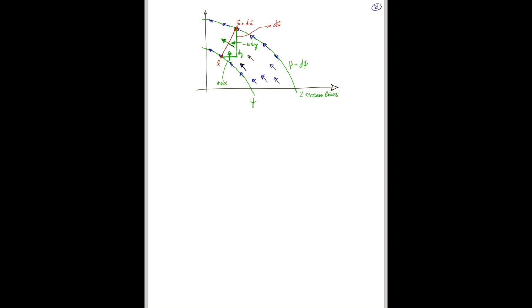So it's v dx. So really v dx plus minus u dy, and that is simply minus d psi dx times dx minus d psi dy times dy equals minus d psi.